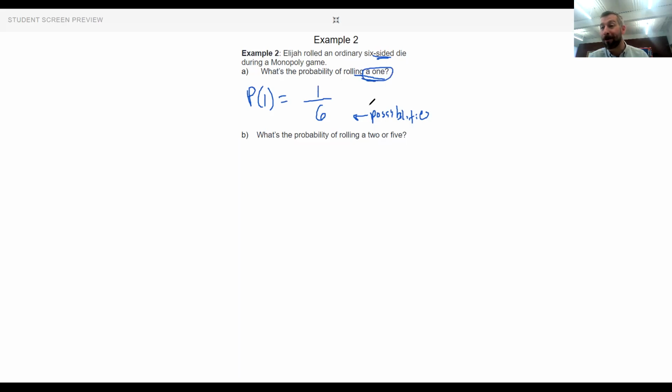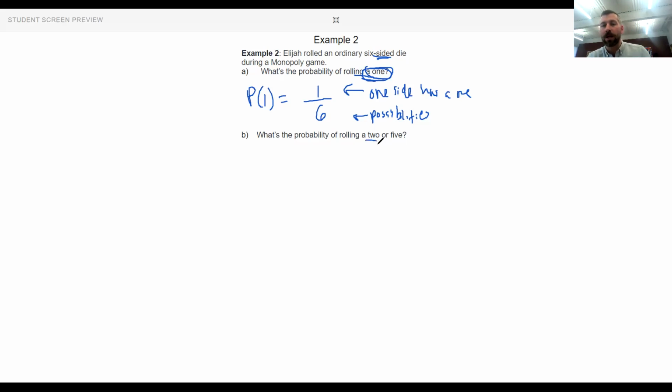And now, when I went over this problem, maybe this is a bad example to start with, because some people say, well, the probability of 1 is 1. So what's the probability of rolling a 2? Is it 2? Probability of rolling a 3? 3? No. It's the fact that there's only one side of the die that has a 1. There's only one way to roll a 1. So out of those 6 options, only 1 is a 1. So there's our probability, 1/6.